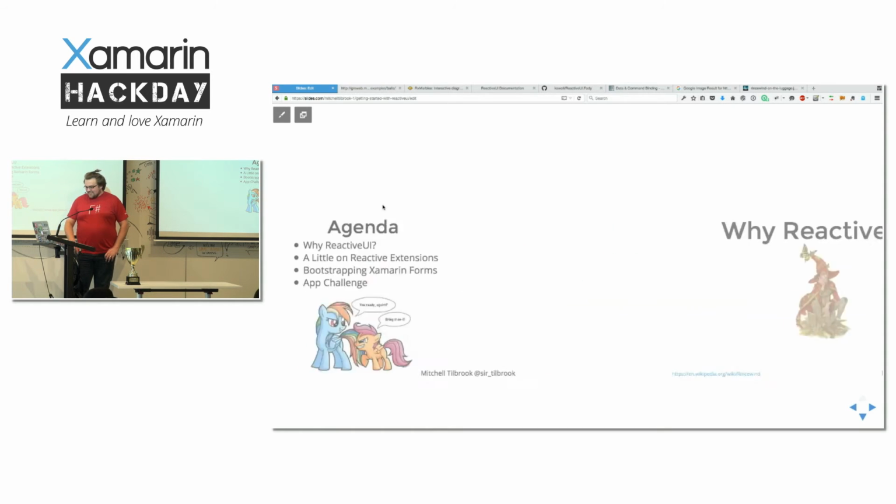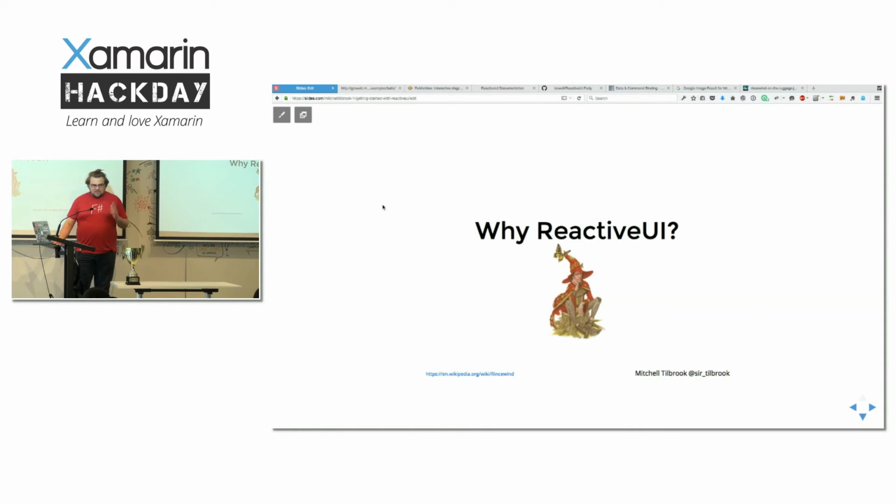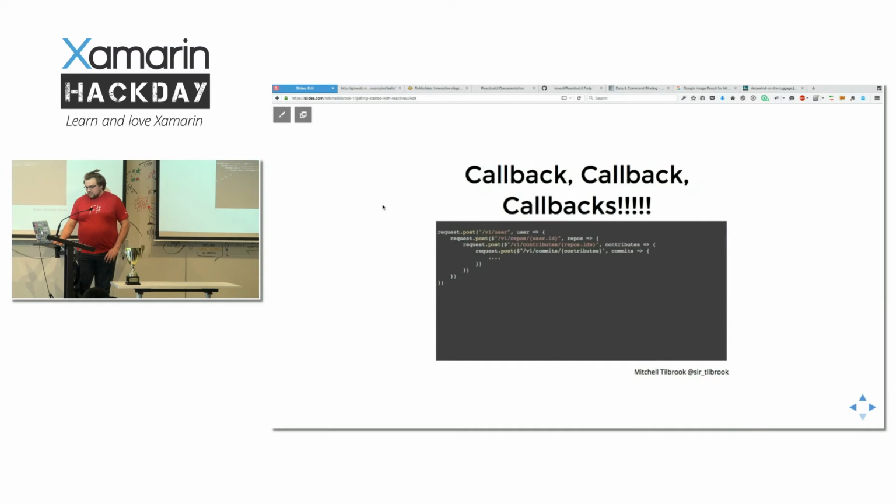So why Reactive UI? This is a fictitious callback hell that I've come up with here. We've got some kind of Git-type API that we're trying to hit. We want to grab the user. Then when we get the user back, we're just going to be optimistic and assume that it totally works and there are no problems.